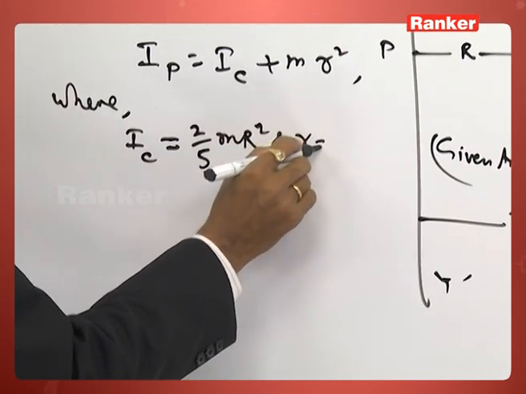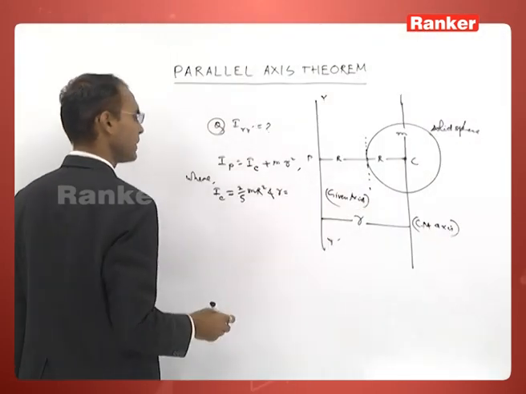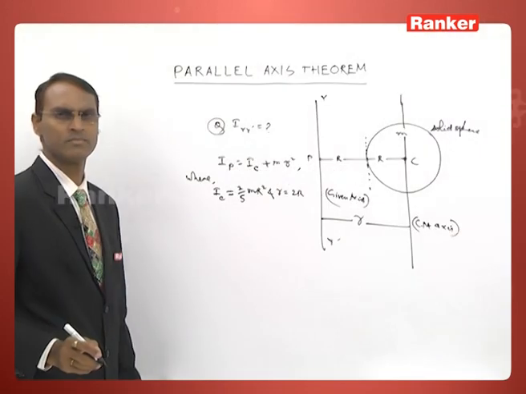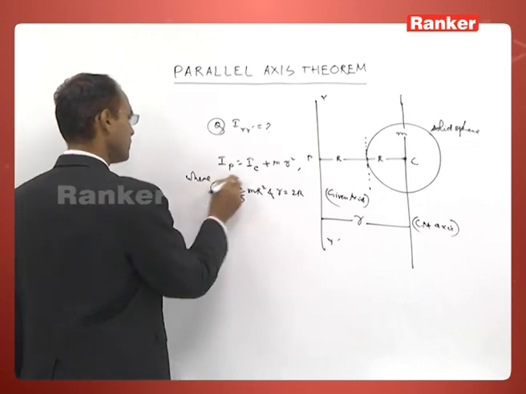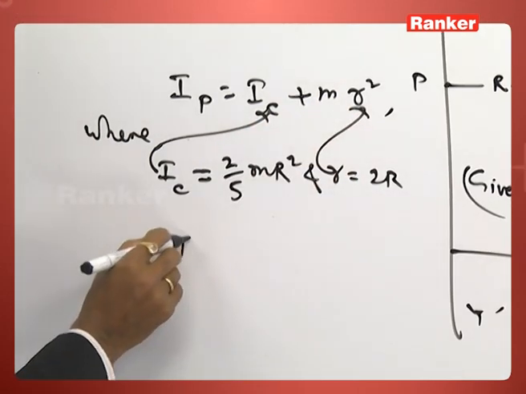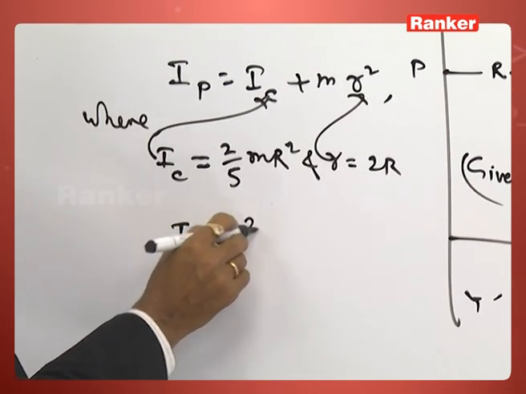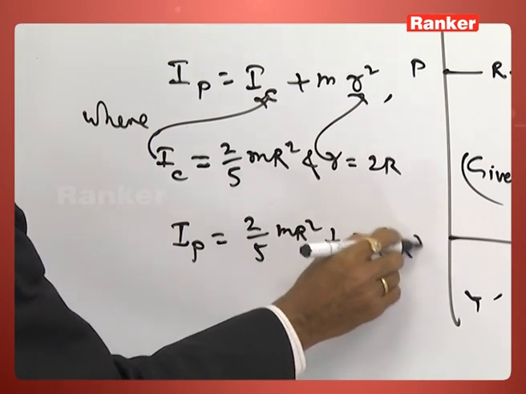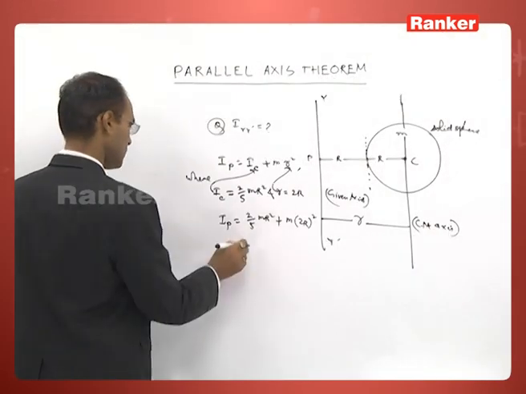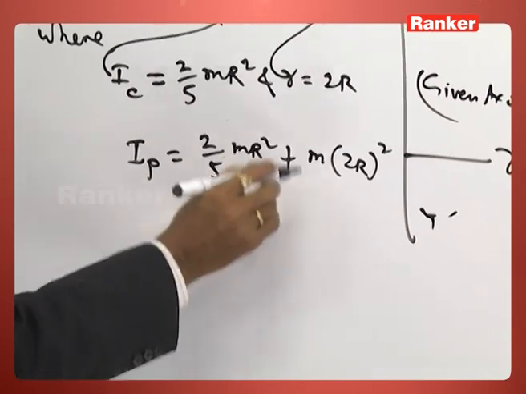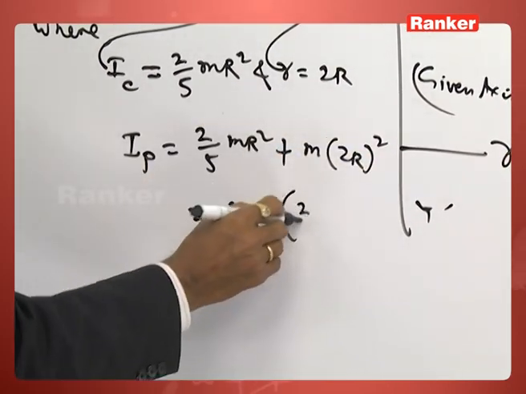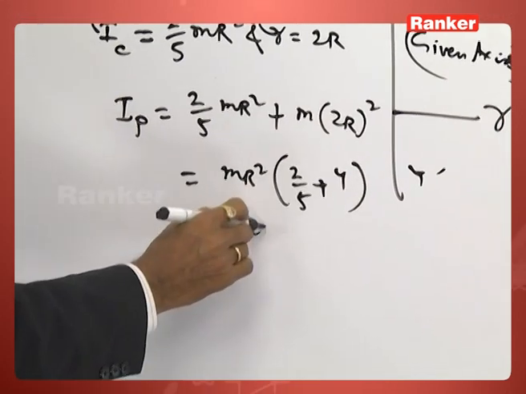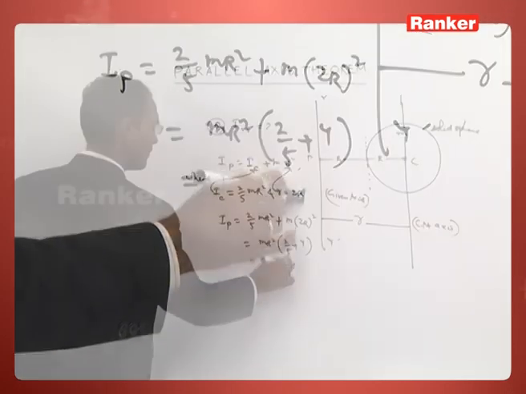And the distance between these two axes is equal to 2r. You substitute these two values to obtain IP is equal to 2 by 5 mr square plus m times square of 2r. This is equal to mr square, you take common, 2 by 5 plus 4. That is 22 by 5 mr square.